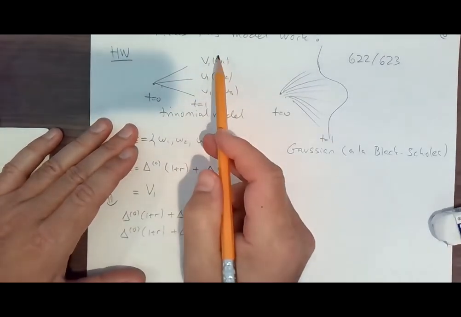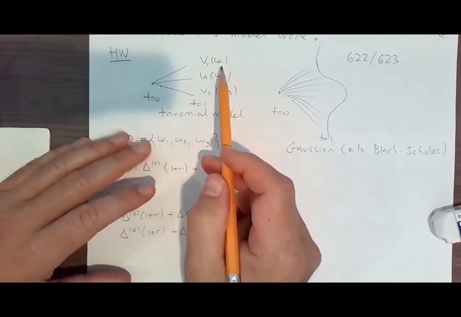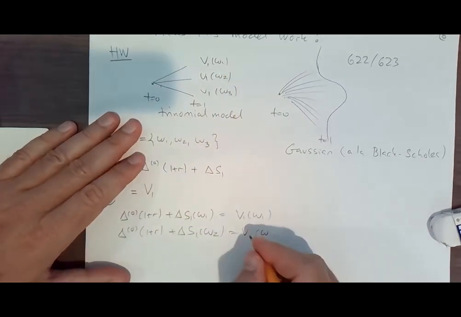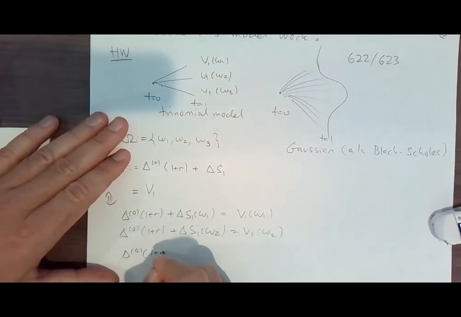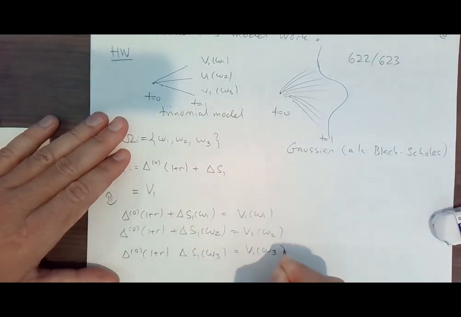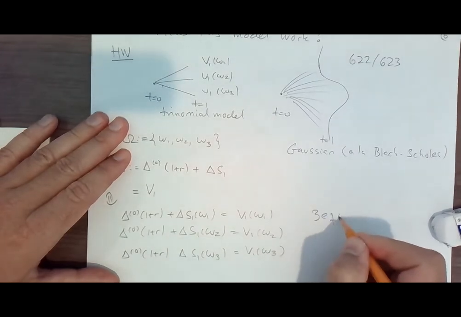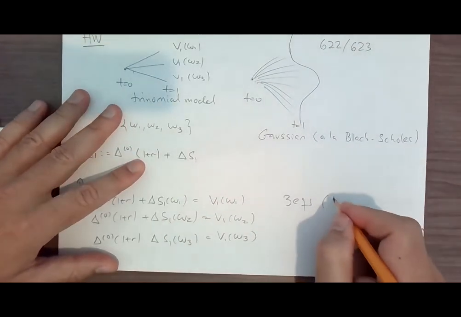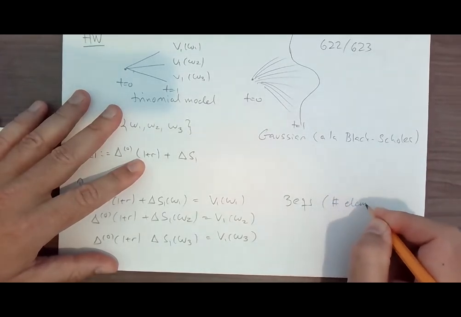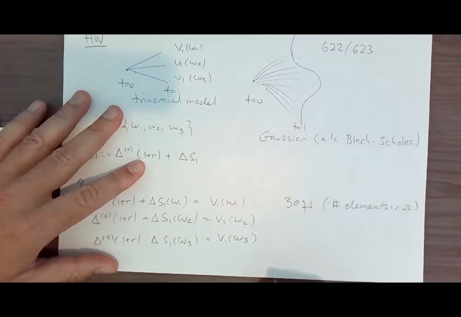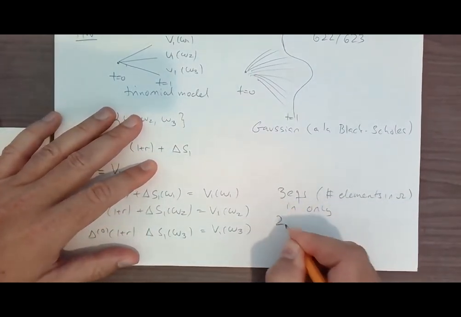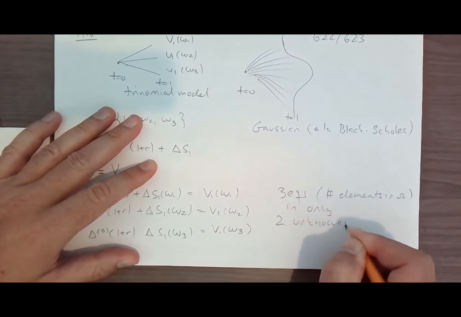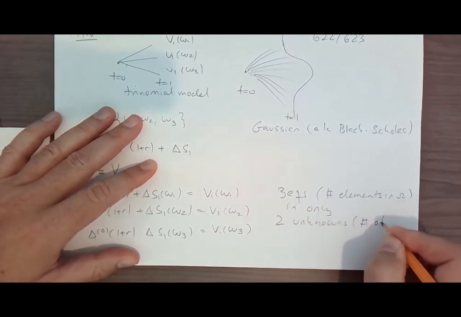You're trying to get the right payoff on each of the 3 branches, and the unfortunate thing is that you only have 2 unknowns. So we have 3 equations, this is the number of elements in omega, and only 2 unknowns, this is the number of traded securities.